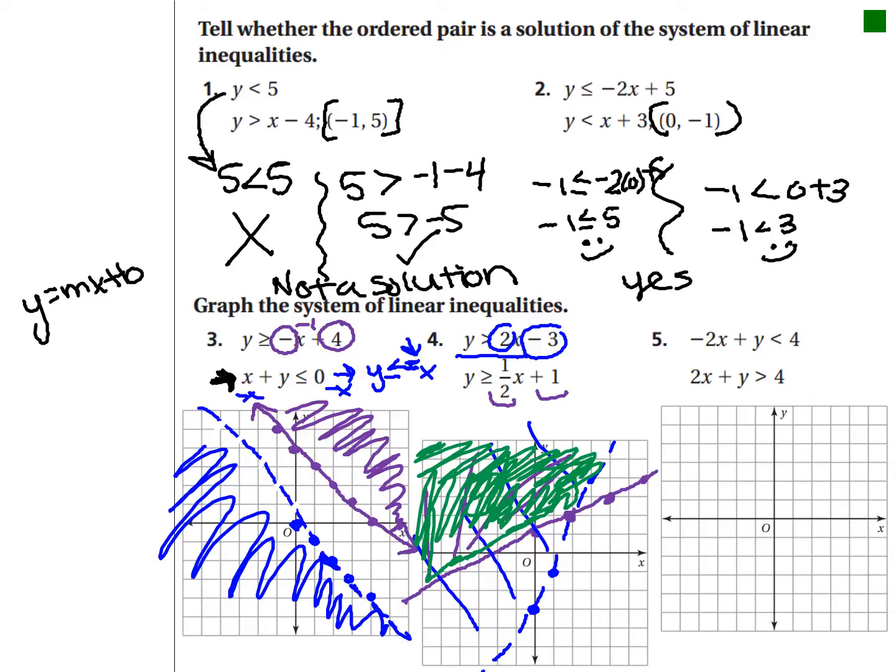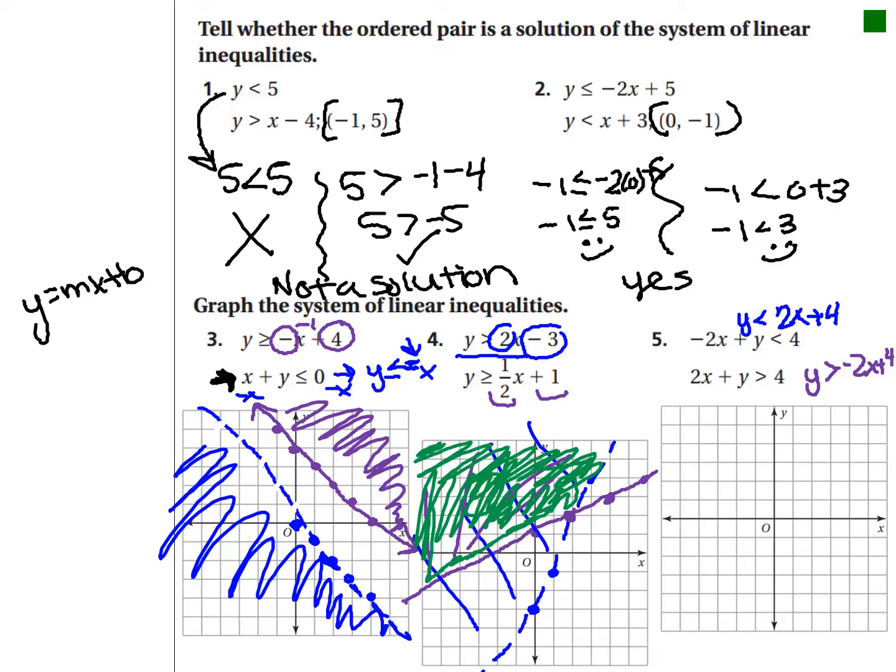All right, changing this into y equals mx plus b, y is less than 2x plus 4. Changing this one to y equals mx plus b, y is greater than negative 2x plus 4.